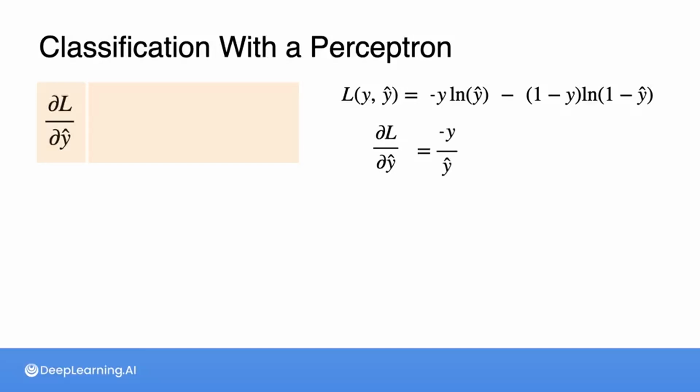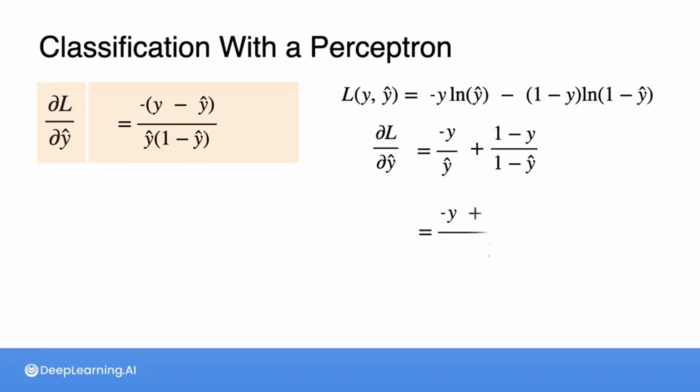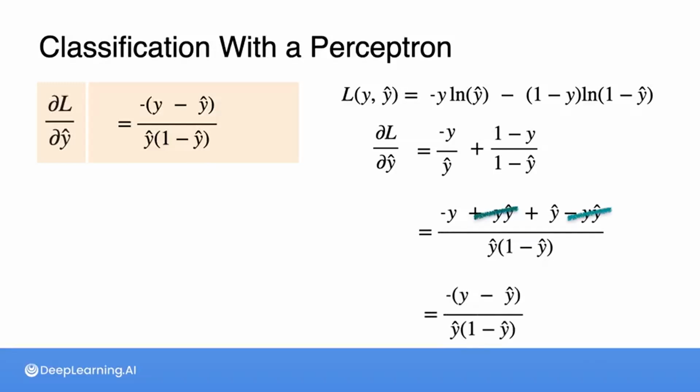So the first term is minus y divided by ŷ. And the second one has a very similar derivative: 1 minus y over 1 minus ŷ, because that 1 minus ŷ in the denominator comes from the logarithm of 1 minus ŷ. So when we expand this, these two combine, and we get negative (y minus ŷ) over ŷ times (1 minus ŷ). So that's ∂L/∂ŷ. We're going to use this one a lot.